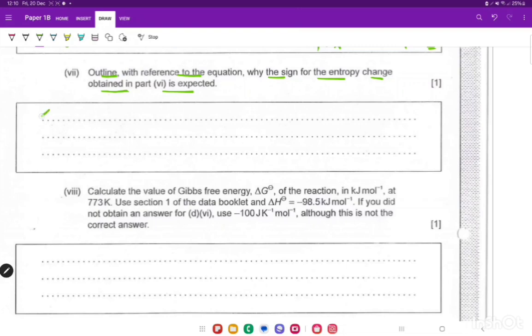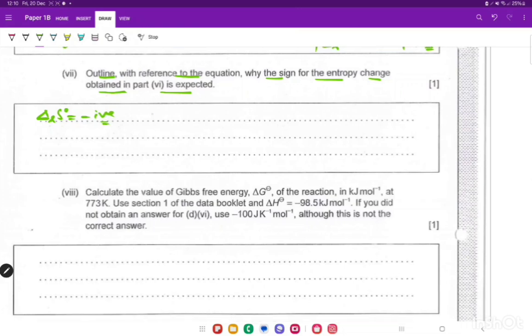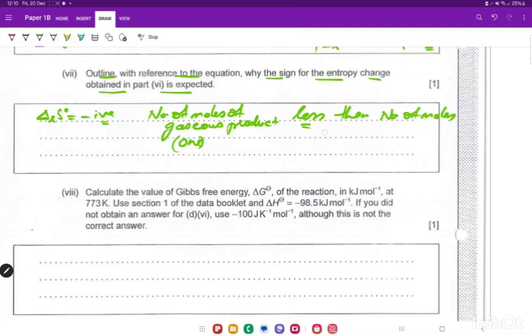The reason for this is that the number of moles of gaseous products in this reaction, which is SO3, equal to 1, is less than the number of moles of gaseous reactants, SO2 plus half O2, that is 1 plus 0.5, equal to 1.5.